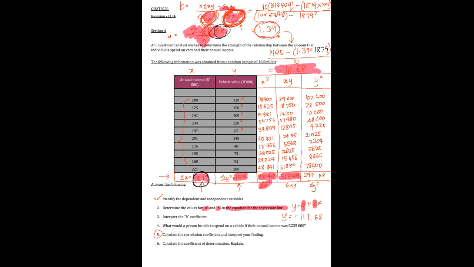And then you have your b variable, so it's attached to the x. Let me just see if I can move this a little bit this way so I can write it out. Okay. And then it's plus bx. So b is then the 1.39 that we calculated here. So it'll be plus 1.39, and then you'll have the x here.